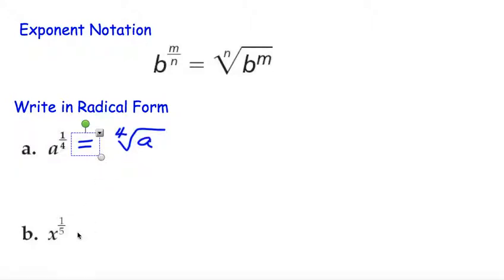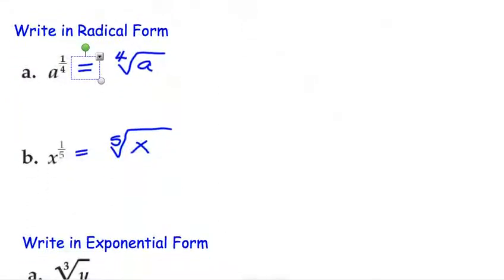Now with my second example, we have the 5th root, because that's on the bottom of that fractional exponent, of x, and x is also to the 1st, and since it's an exponent of 1, we don't have to write that. So that's how you translate from fractional exponents back into radicals.